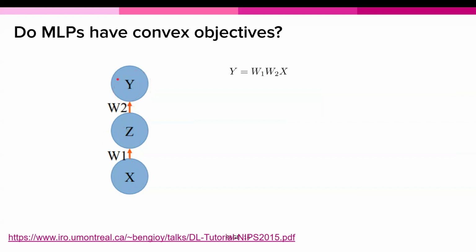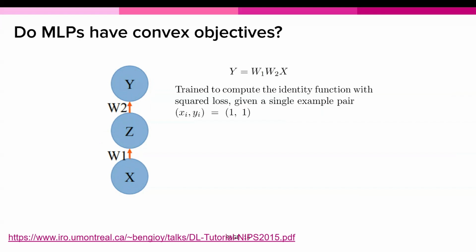The objective for this little neural network is to learn the identity function, simply to map the input to the output directly. So if we feed it a 1, then it should output a 1.